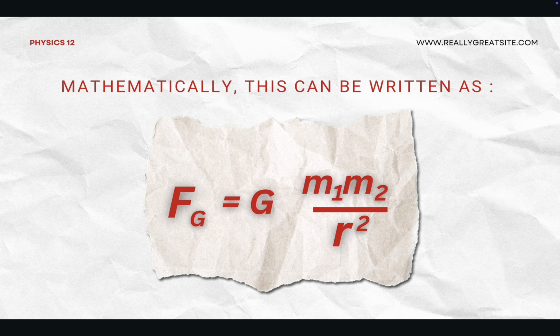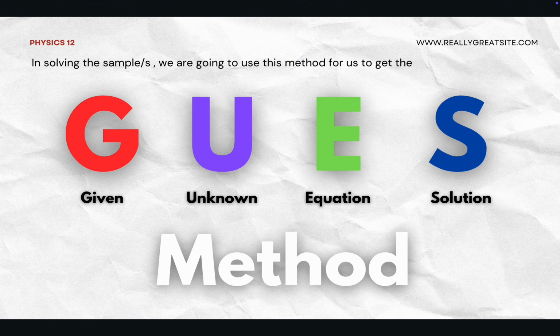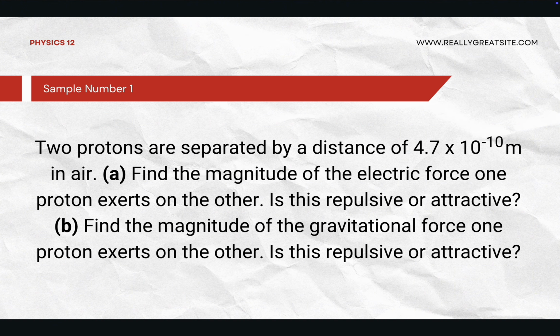May isa pang pwedeng gamitin na formula, but this is for the gravitational force: F sub G equals G m sub 1 m sub 2 over r squared. In solving the samples, we are going to use the GUESS method, for us to organize the given, unknown, equation and solution. Para mas madali rin natin ma-compute mga problem.